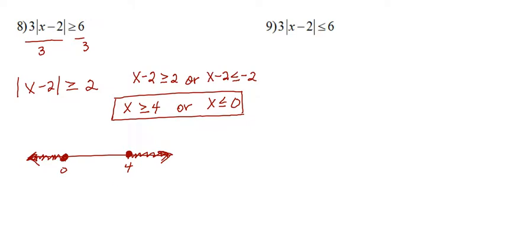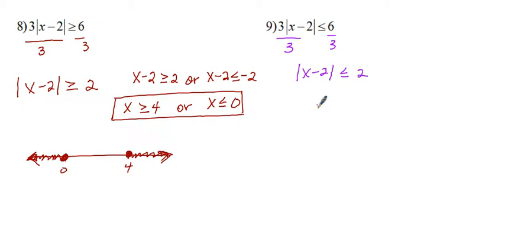Let's look at number 9. Do we have an isolated absolute value yet? Nope, no we do not. So number 9, we need to divide by 3 on both sides to isolate the absolute value. Now that we've done that, we can make our decision about less than or greater than. Well, we've got absolute value of something is less than or equal to 2.